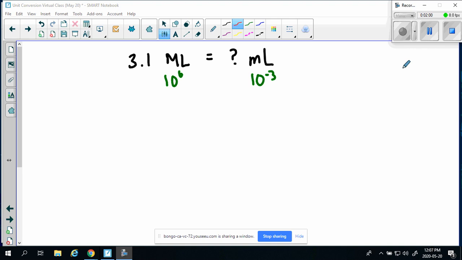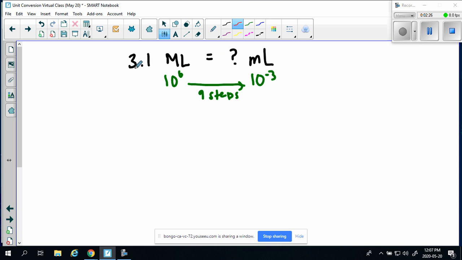So there's two ways to do this. You can use a number line or you can use unit analysis. So on the number line, what you need to understand, if you're going from 10 to the 6 to 10 to the negative 3, you're actually doing 9 steps, 9 powers of 10, or 9 steps in the right direction. Because the reason is that this decimal place is going to move to the right, and there's a lot of milliliters in 1 megaliter.